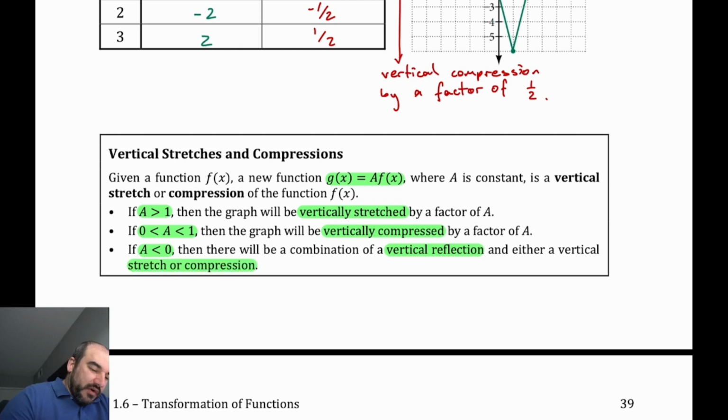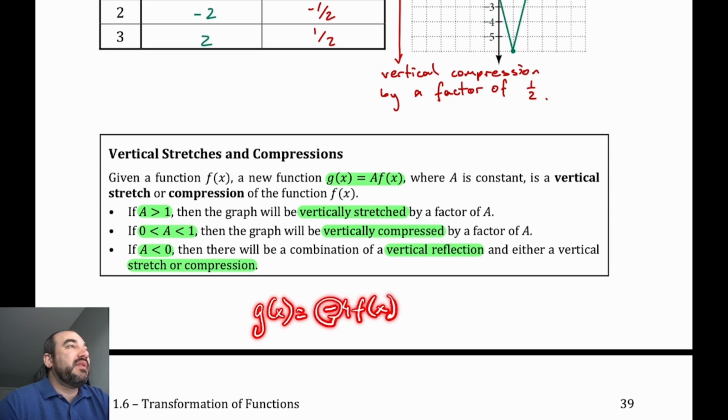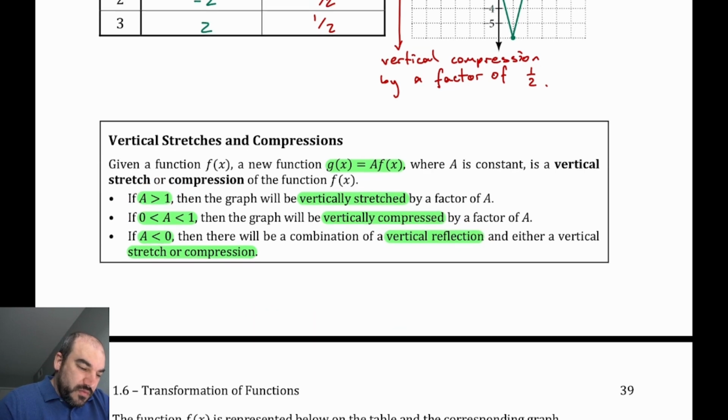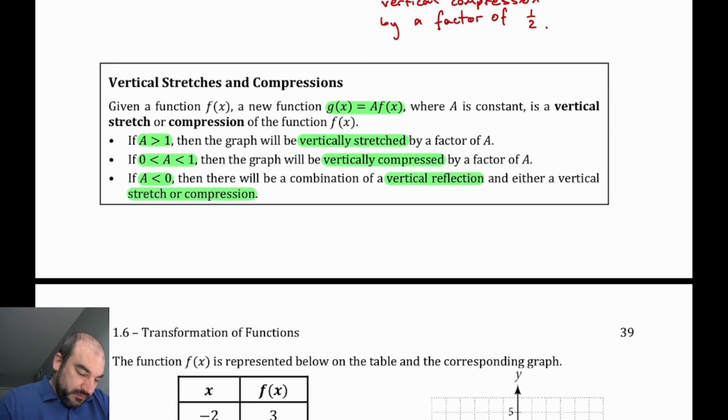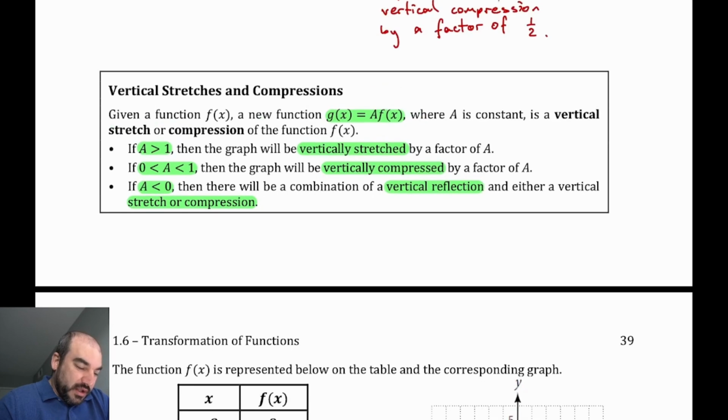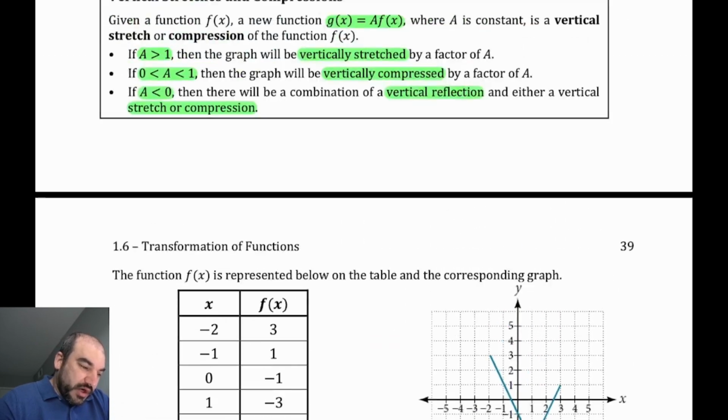For example, if g of x is equal to -4 f of x, the negative part is what makes it reflect vertically, and then the 4 would make it vertically stretch, right? Because the 4 is greater than 1, and the negative is making it reflect over the x-axis. Right, so that's vertical stretches and compressions.